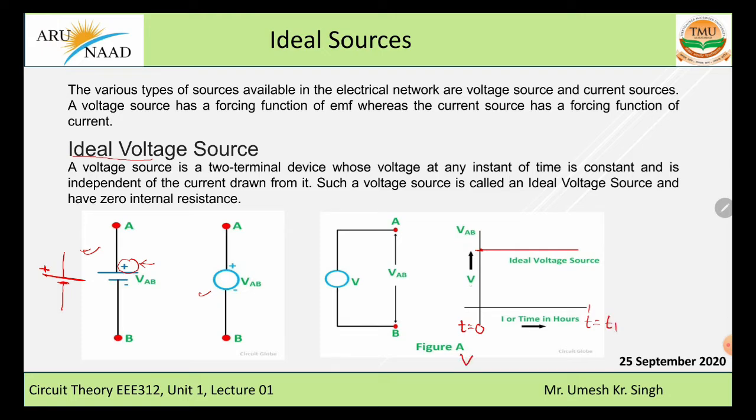If it is V, then it will also be V. The current at this point may be 0, and the current at this point may be I1. So we can say that as we move with respect to time, the value of current is changing, but the voltage is still constant.